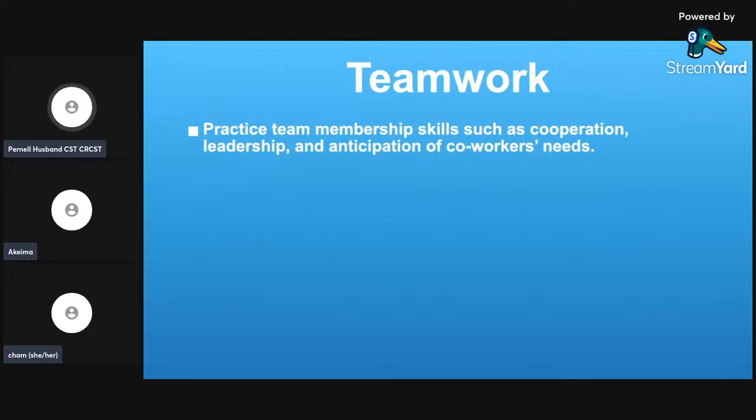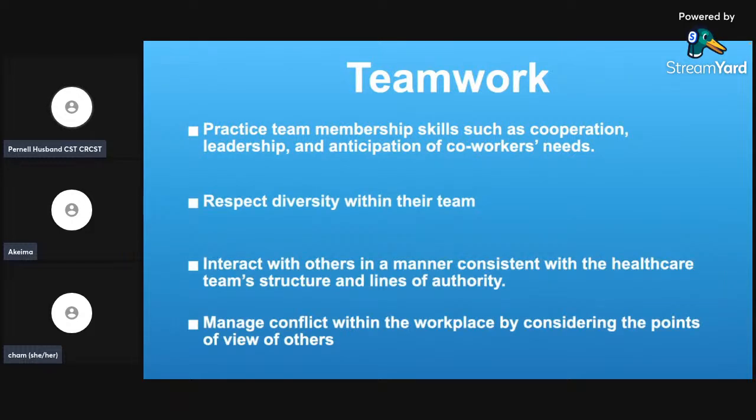When we practice team membership skills such as cooperation, leadership, and anticipation of workers' needs. Being a good teammate, being a good, decent human being, and understanding that we're all pulling in the same direction for the same very important thing, and that's the welfare of the patient.